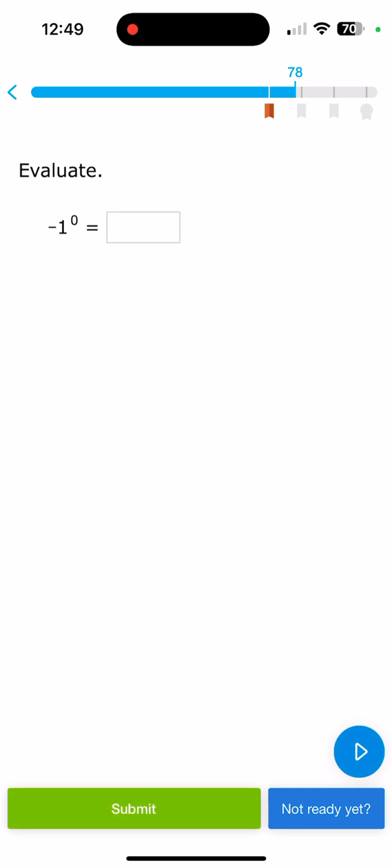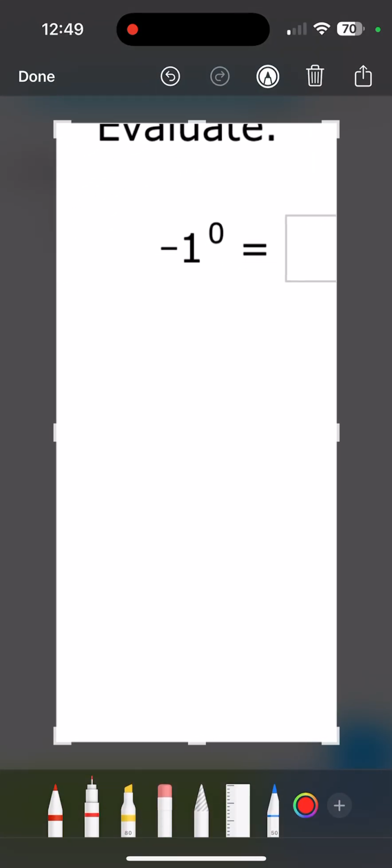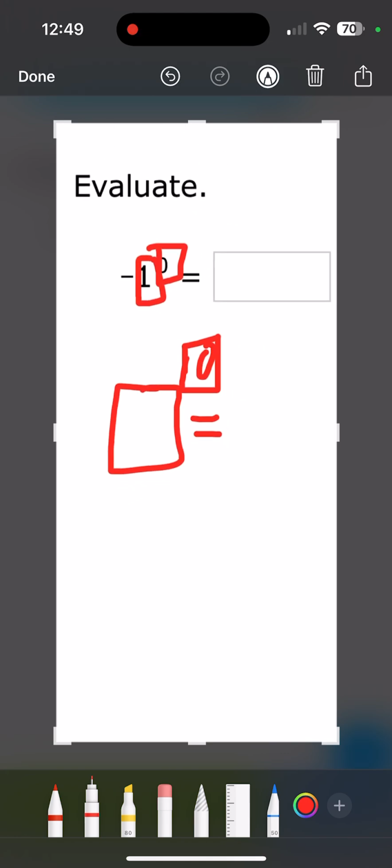Okay, so again, another little tricky one. But remember our rule. So if we have the base here and it's raised to the power of 0, any number raised to the power of 0, doesn't matter what goes in the box, that's always going to be 1, right?